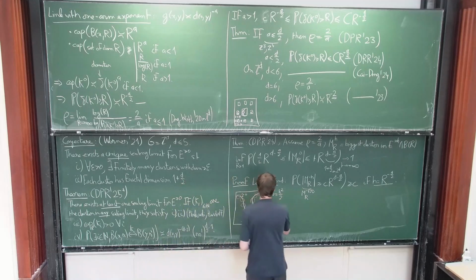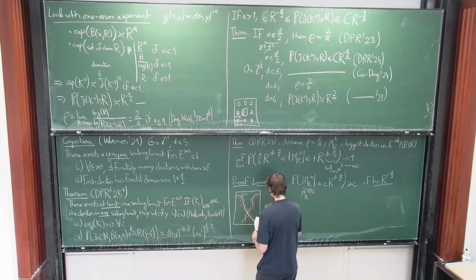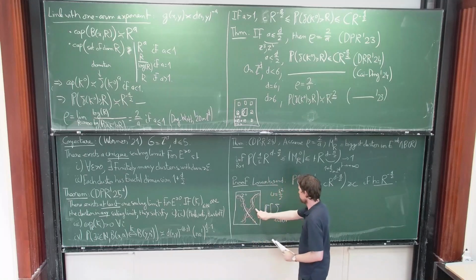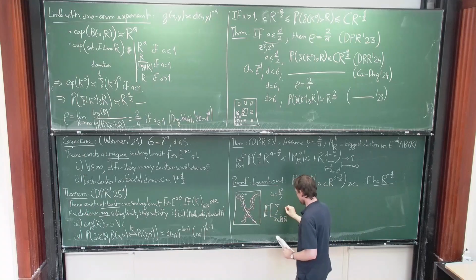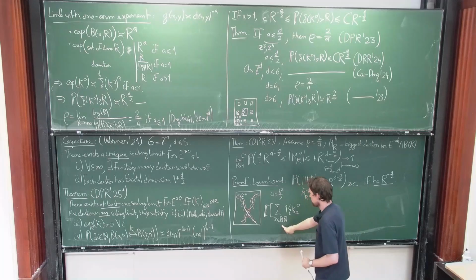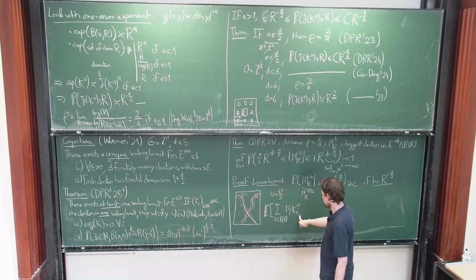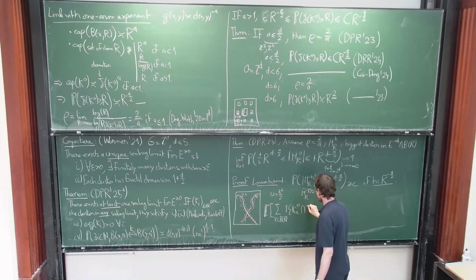Okay, and so the computation is simple. You look at the number of points in your box which are in one of these red clusters. Being in a red cluster means that your cluster of x, let's say this is some x here, hits the interlacement.